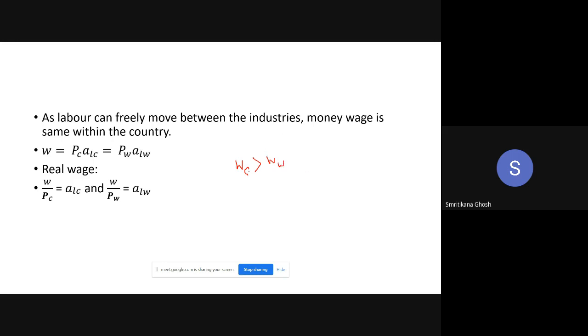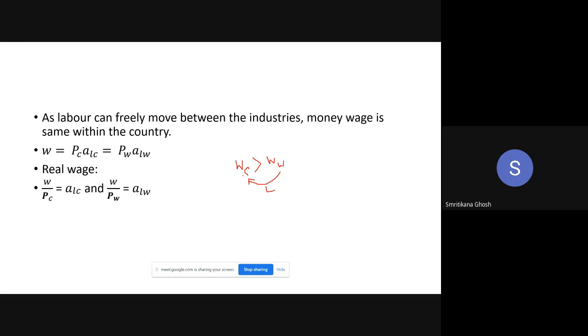As labor can freely move, what will happen if this happens? Then labor will move from the wine industry to the cheese industry, right? So in the cheese industry, the supply of labor is rising. And as supply is rising, you know from the demand supply interaction that if supply is rising, price will fall.